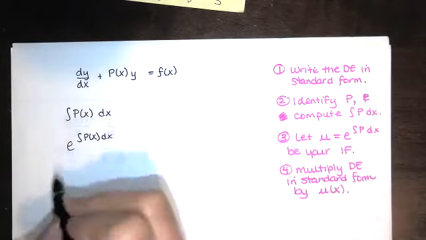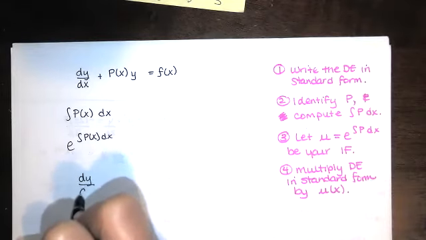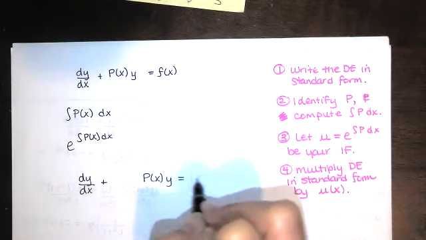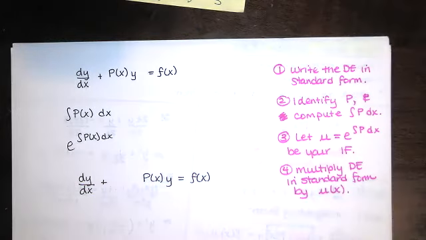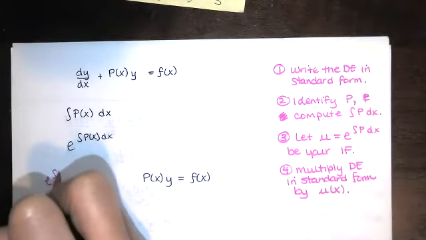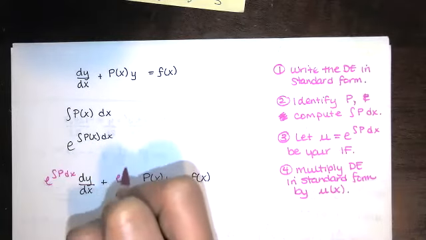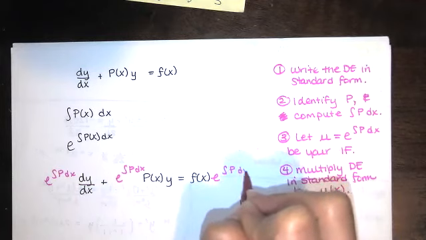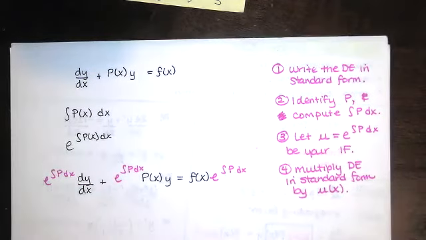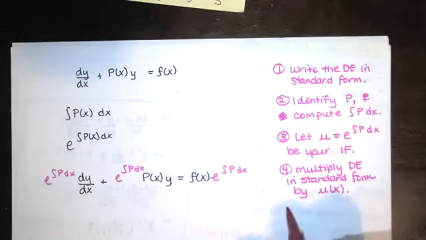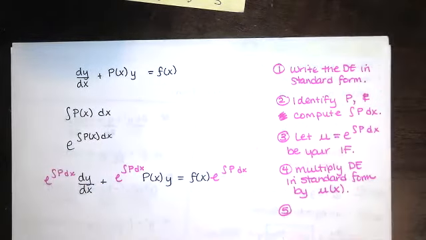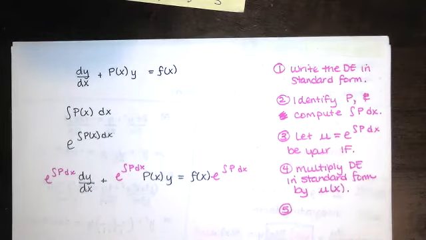So you've got this differential equation. I'm just going to write it down. And you're going to multiply everything by e to this power, and e to this power, and e to this power. Now, if you've done everything correctly, so your anti-differentiation is correct, e to that power is correct. Usually there's a little bit of simplification there.